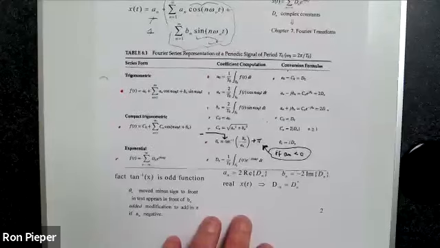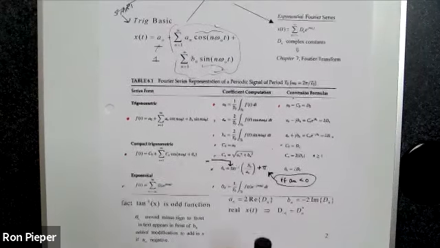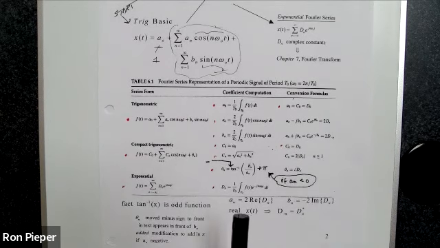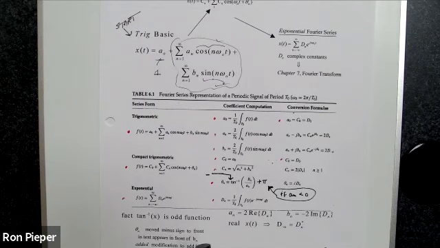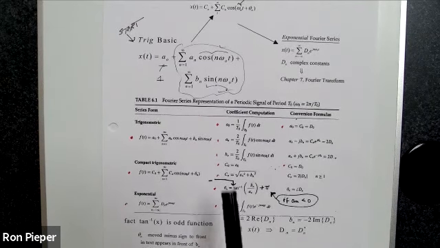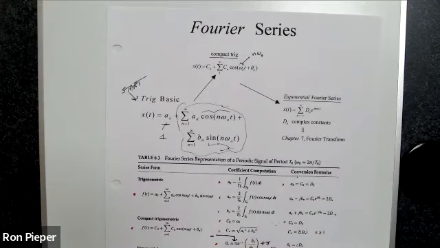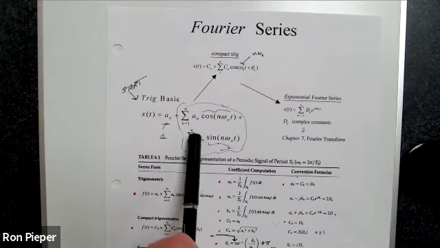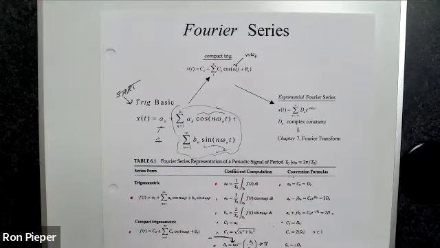As a short review, I'm going to use our table primarily to do that. I just want to refresh your memory that in this chapter, the focus is on three different Fourier series types: the basic, which we started with, then the compact, and lastly, what's called the exponential Fourier series.